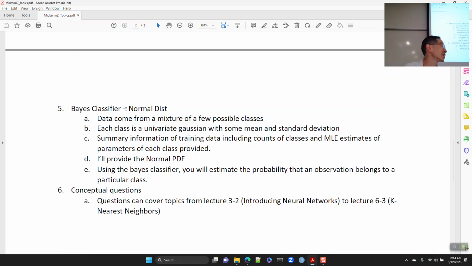What's the likelihood that it comes from A versus B? For your prior probabilities, maybe class A is 70% and class B is 30% or something like that. Using that information, what's the probability that observation 11 comes from one of these classes?